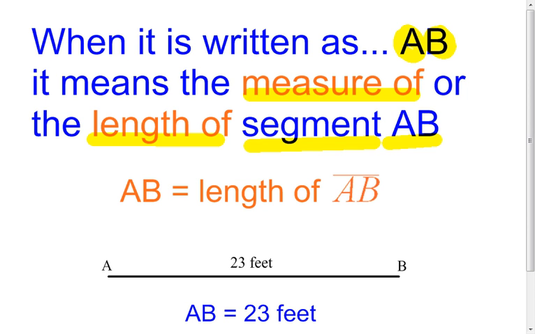So in this case, my one little example here, I have this segment. Notice I've told you that it's 23 feet long. So that down here in the blue, I can write a mathematical sentence that if I read the words, it would say segment AB equals 23 feet.